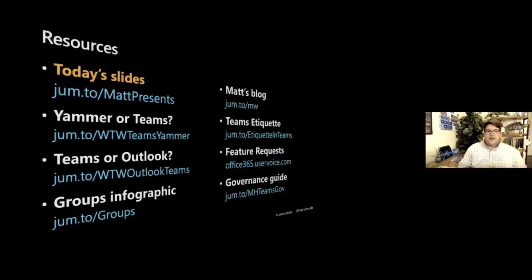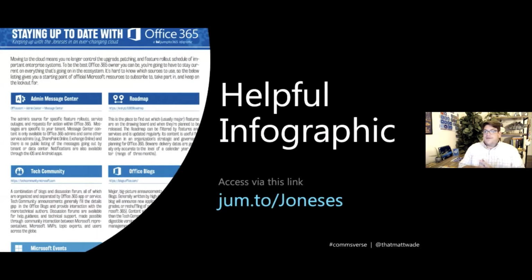Another big one here is an infographic I put together on how to stay up to date with Office 365 and all the changes that occur within it. Changes happen all the time, so if you want a list of places that you should really check out and follow, you definitely want to check out this infographic, Staying Up to Date with Office 365.